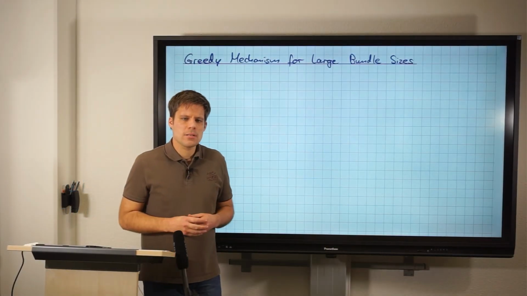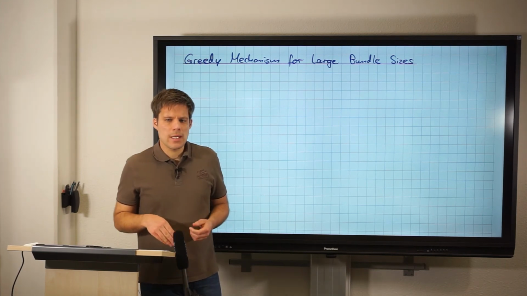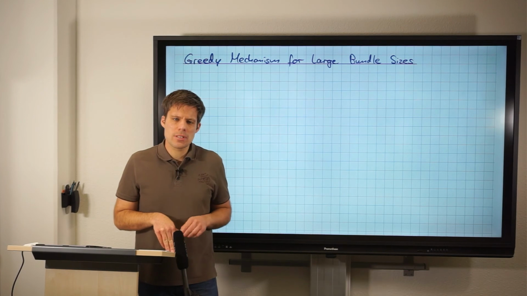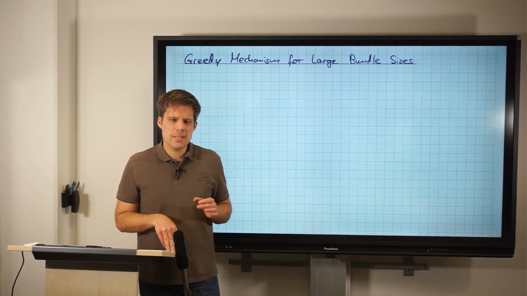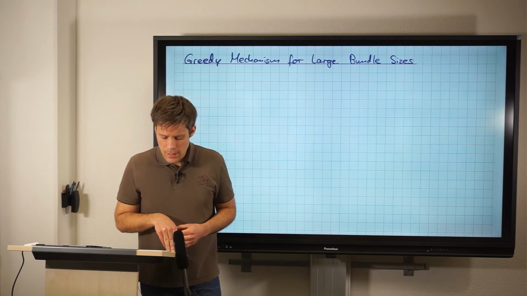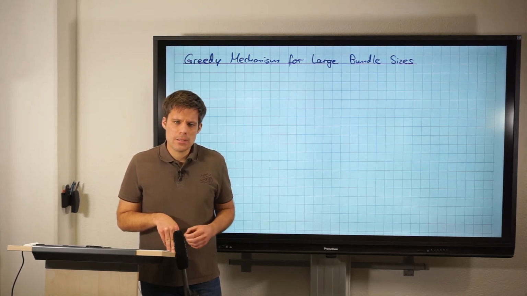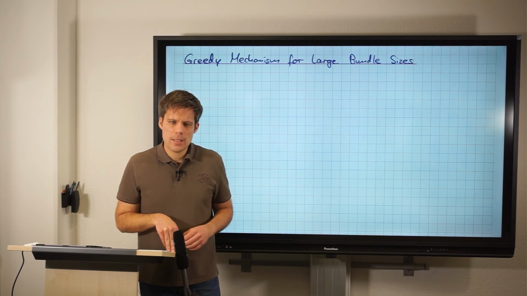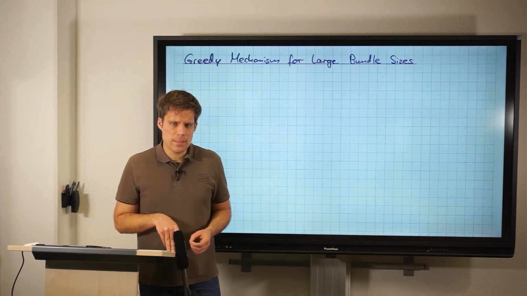So after having now seen the greedy by value algorithm, we are considering next an algorithm which works better if you have large bundle sizes, which means if this d, which was the maximum size of a desired bundle, was large. And how does this algorithm work? It normalizes the bids in a way that it divides them by not the bundle sizes, but by the square root of the bundle sizes.